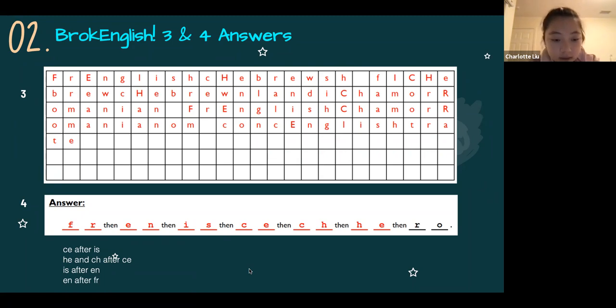So we just get these rules. So then you can just find the order. So FR is first, then EN, then IS, then CE, then CH, and HE, and then lastly RO.